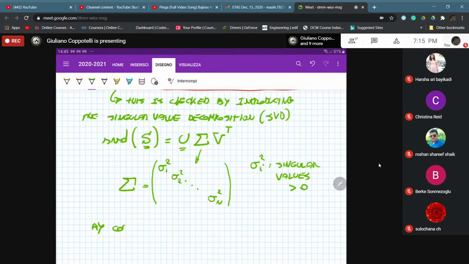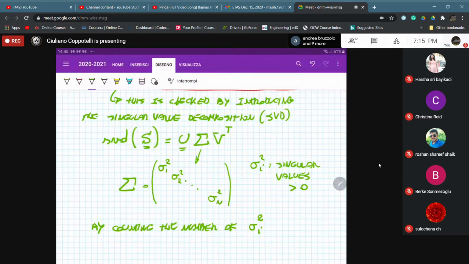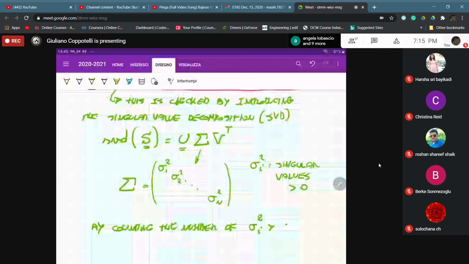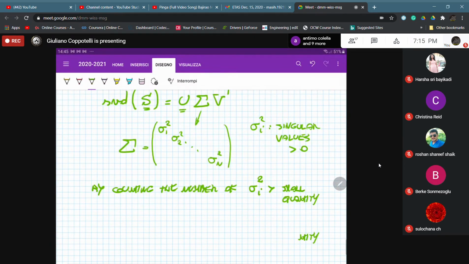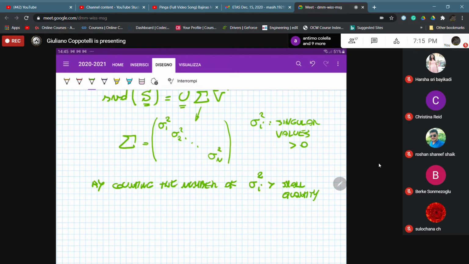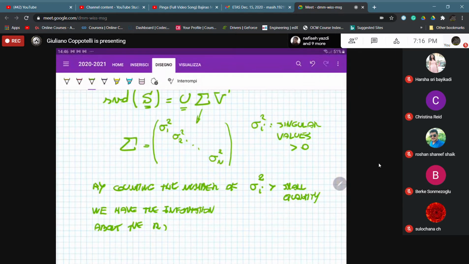Okay, by counting the number of sigma i that are larger than a prescribed small quantity, we have the information about the rank of the sensitivity matrix.